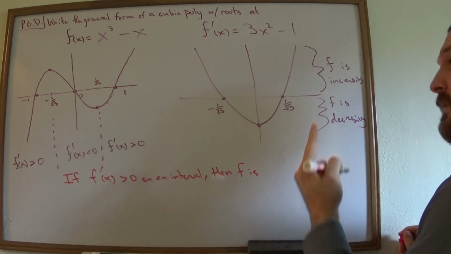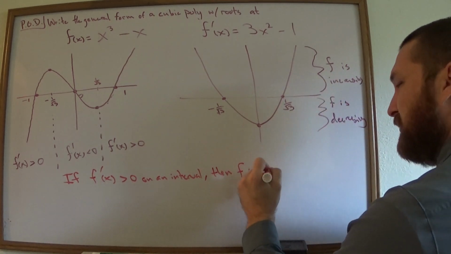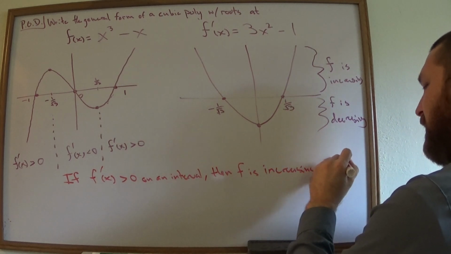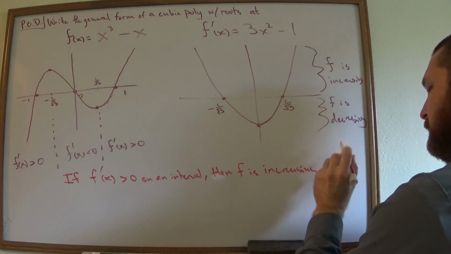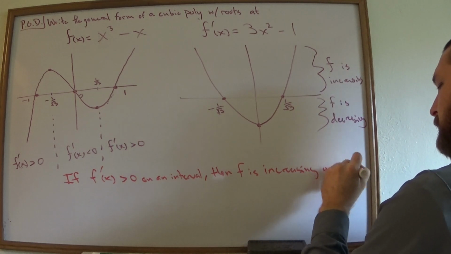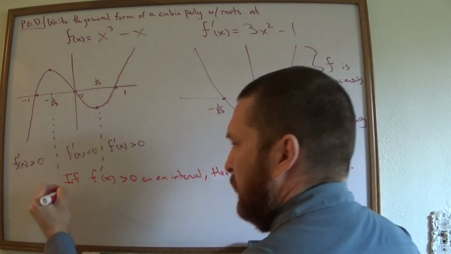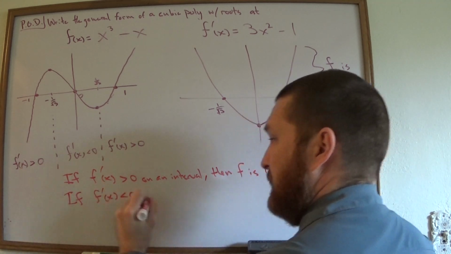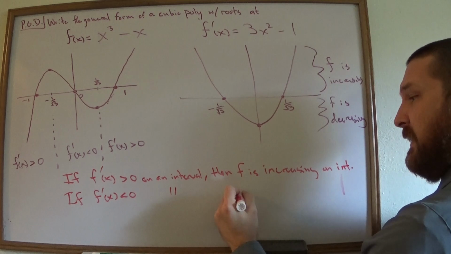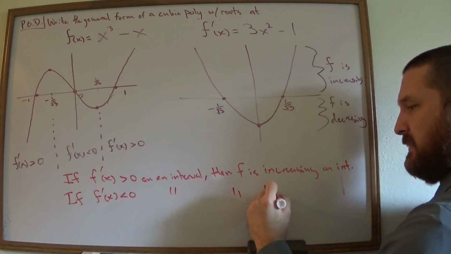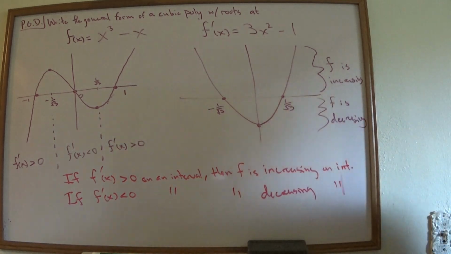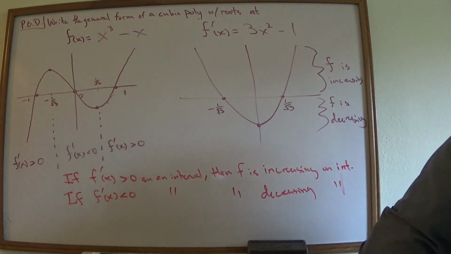Going up, which we say is increasing on that interval. If f prime of x is less than 0 on an interval, then f is decreasing on that interval. And that's all we're saying here. Okay?